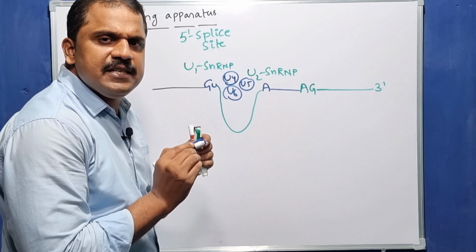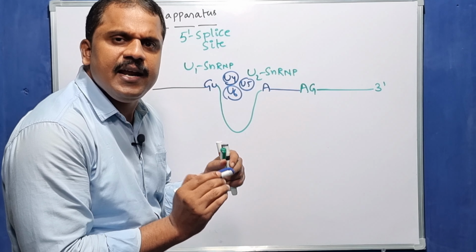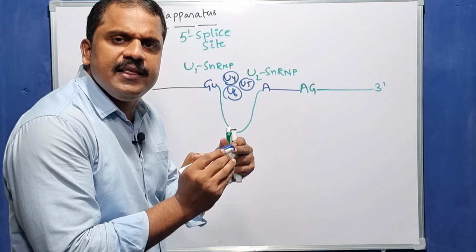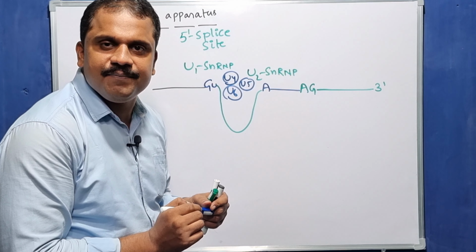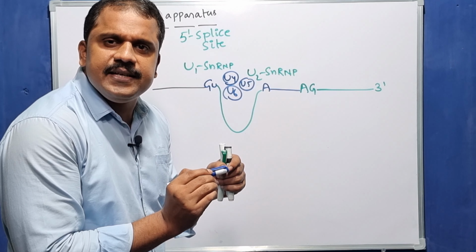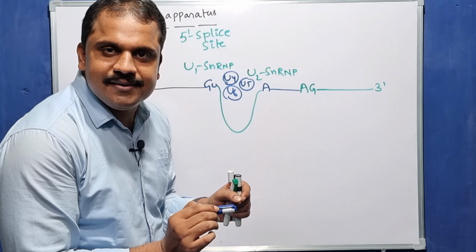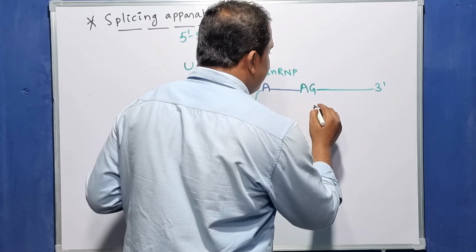Once the U2AF factor dissociates from the polypyrimidine tract, and once U4, U5 and U6 snRNPs recruit to the splicing apparatus, it leads to the formation of a specific complex, the B1 complex. Is it clear? So let me write it here. B1 complex.